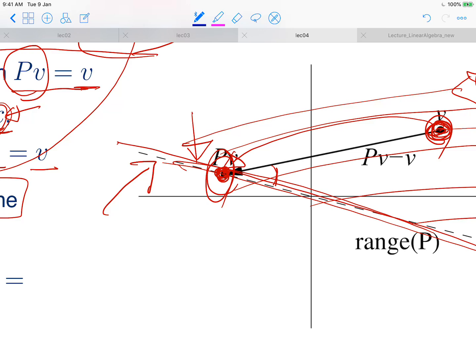Suppose this is our origin, and this is the original vector v. This vector v can be represented as the sum of these two vectors. The first one is this Pv, which is the resulting vector after this projection.